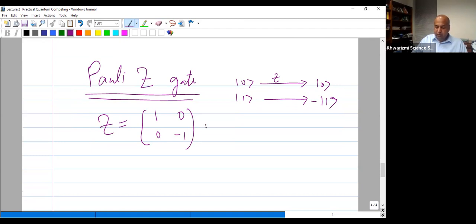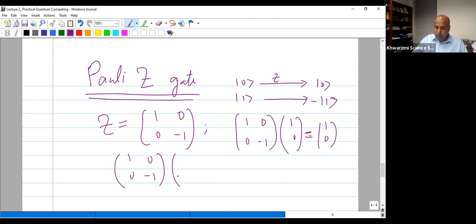And we can check quickly that if I apply 1, 0, 0, -1 to this 0 bit, which is 1, 0, when I multiply 1, 0 with 1, 0, I get 1, and 0, -1 into 1, 0 is 0. So this is again 1, 0. And when I multiply 1, 0, 0, -1 to 0, 1, I get 0, -1. So this matrix that I have written here does this job.